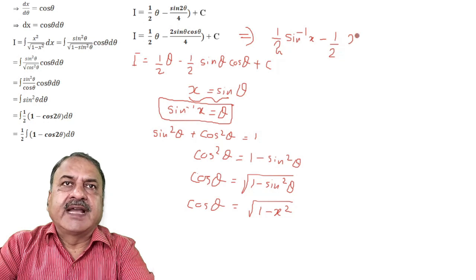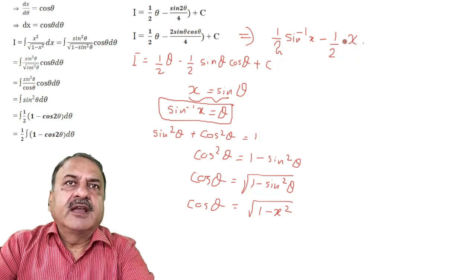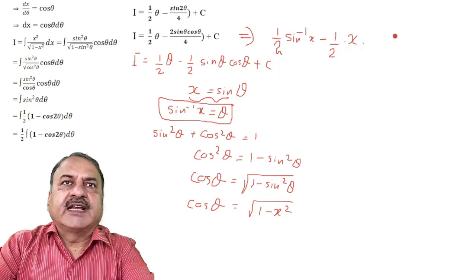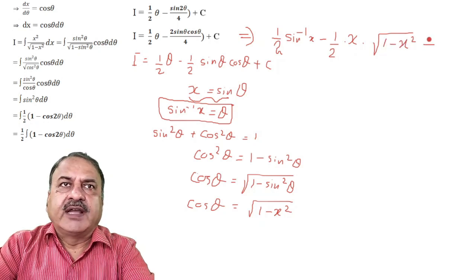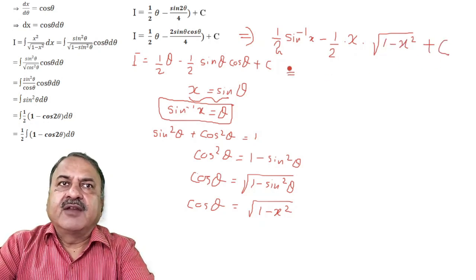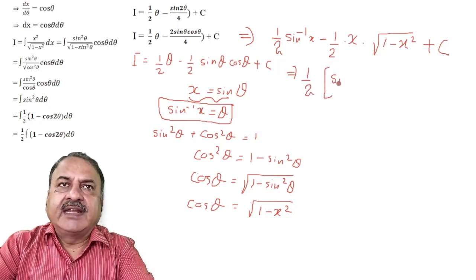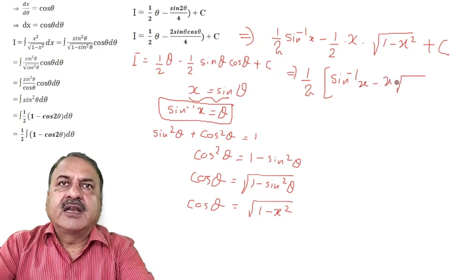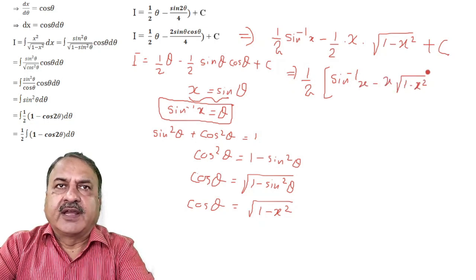Sine theta is x, and cos theta is under root 1 minus x square plus c, and 1 by 2 can be taken as common. So we get sine inverse x minus x under root 1 minus x square plus c.